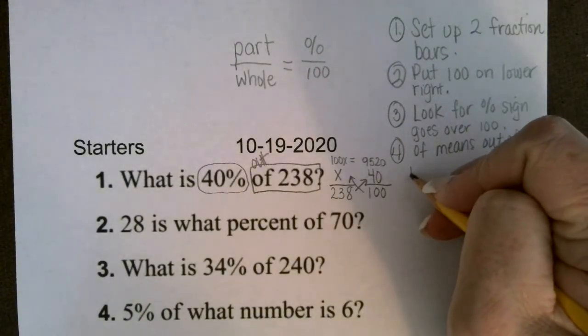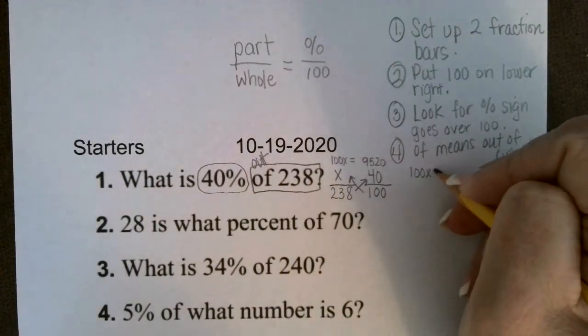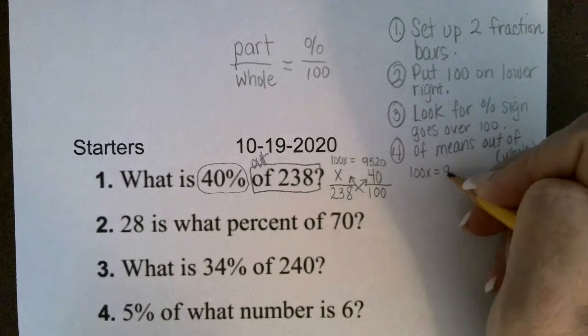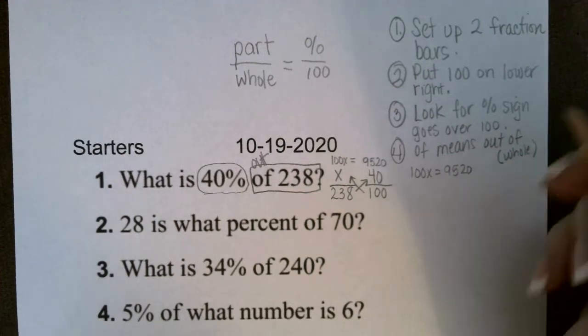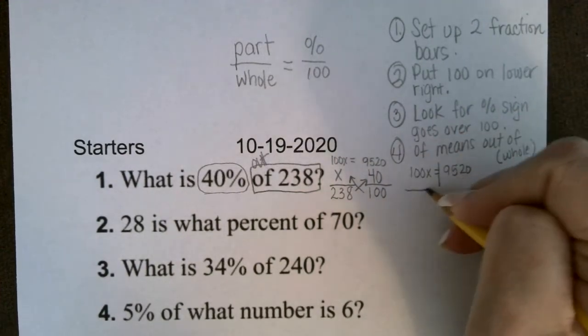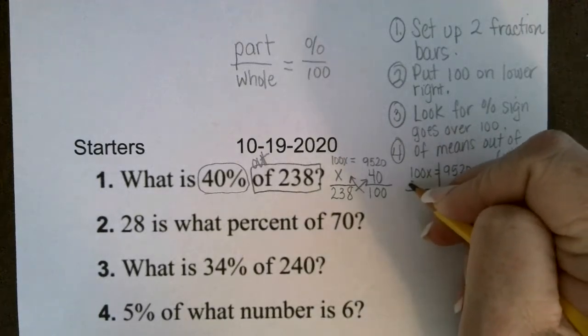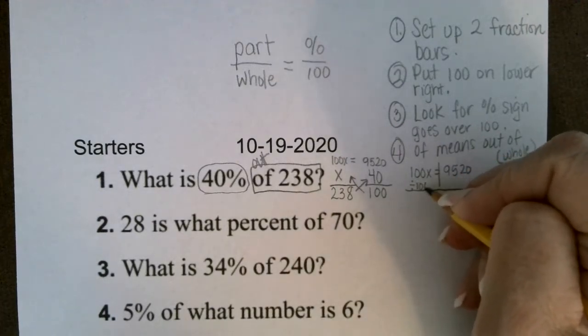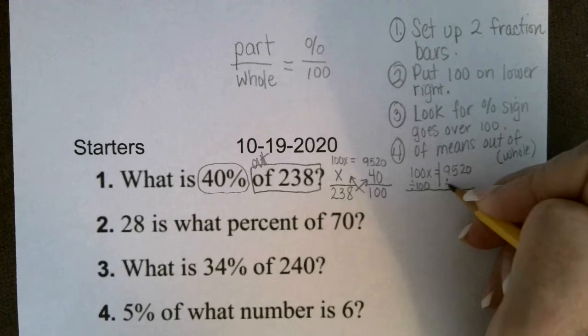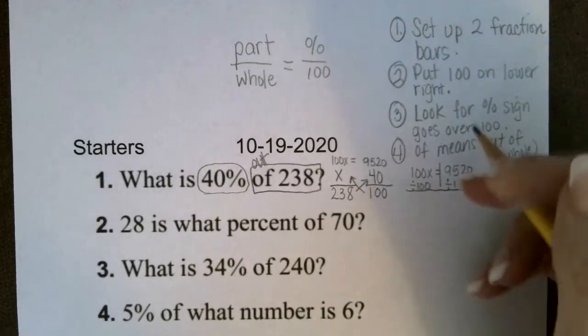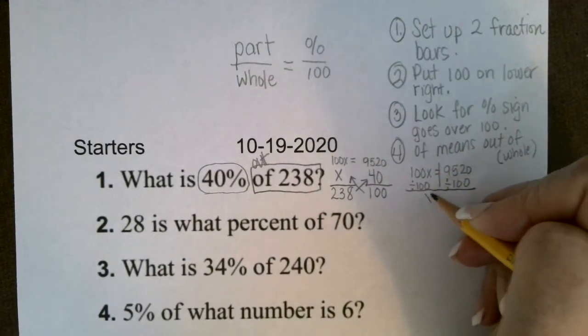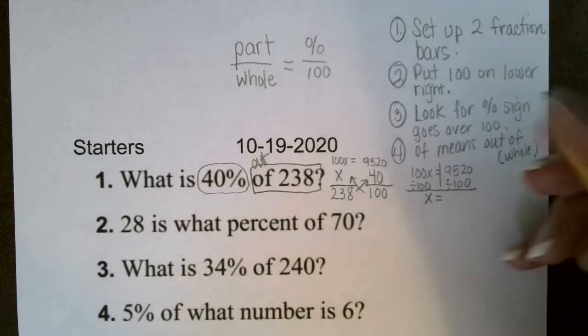If you don't know what that is, we've got our equation. We split it. We're getting the X so that it's by itself, so we divide by 100. 100 divided by 100 gives you the X.